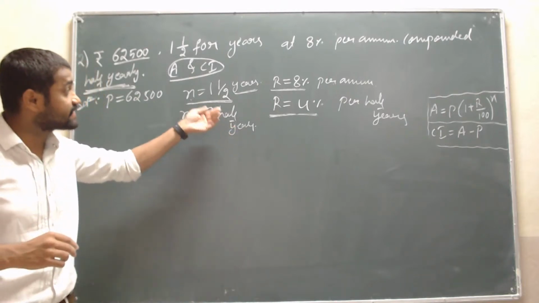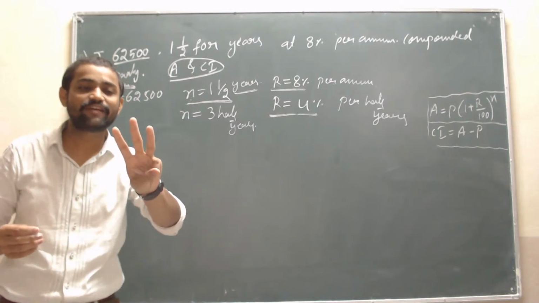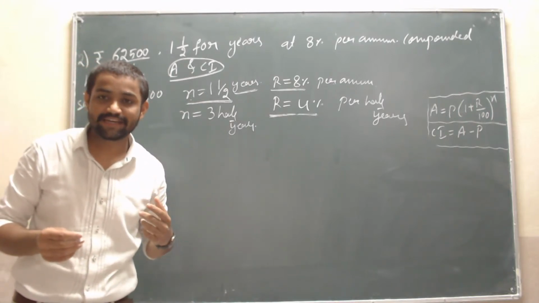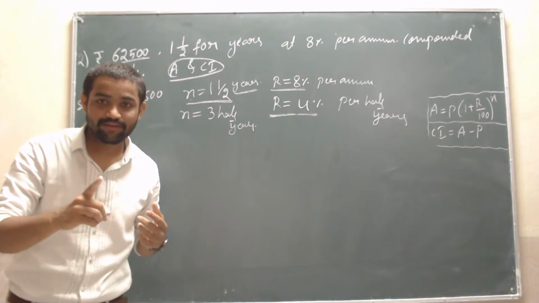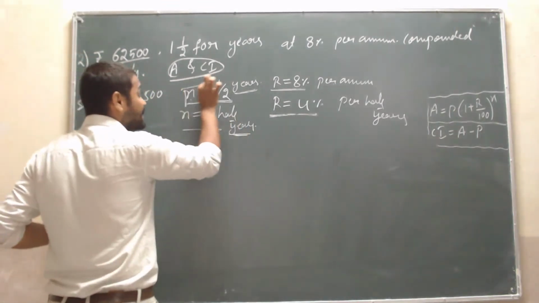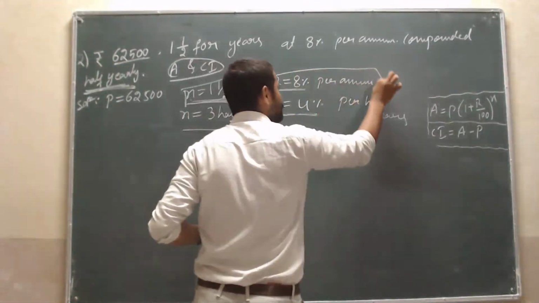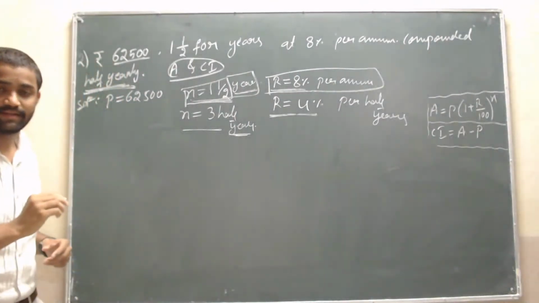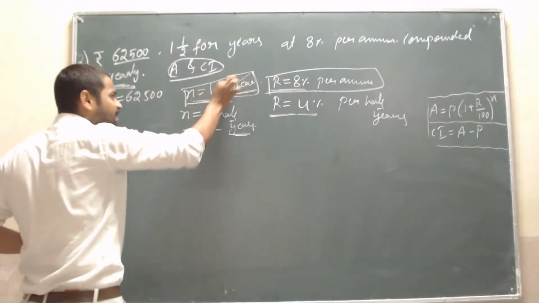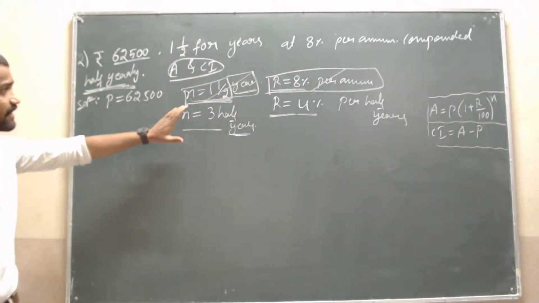How many half years for 1.5 years? Sir, simple, 3 half years is 1.5 years. Isn't it? Very good. So neglect these years.